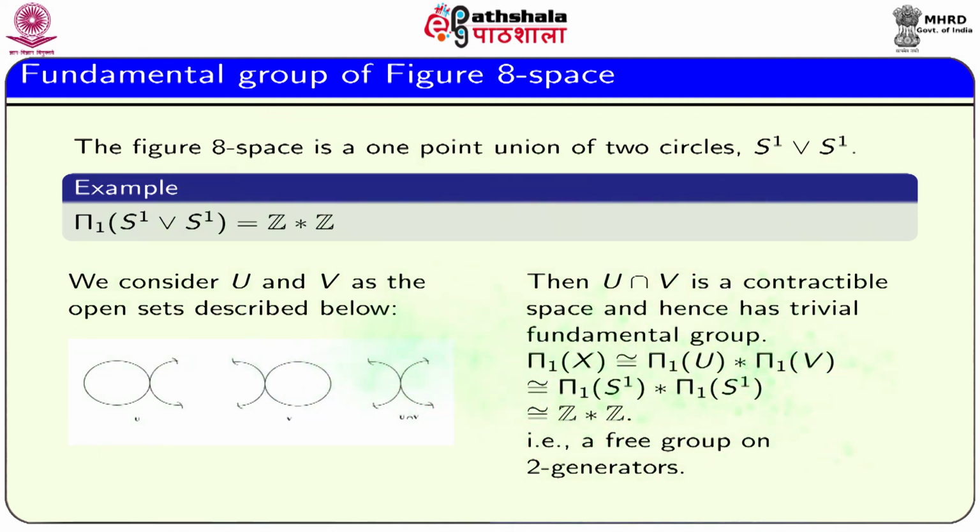So, the fundamental group of X is isomorphic to the free product π1(U) star π1(V), which is isomorphic to π1(S1) star π1(S1), and that is isomorphic to Z star Z. So, the fundamental group of X, where X is the figure 8 space, that is S1 one-point union S1, is a free group on two generators.